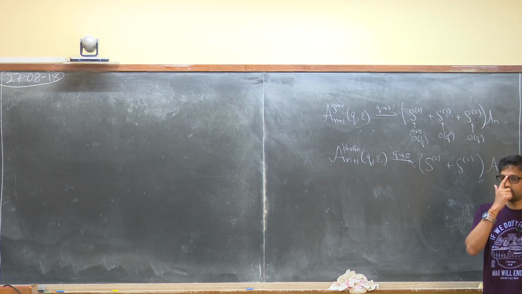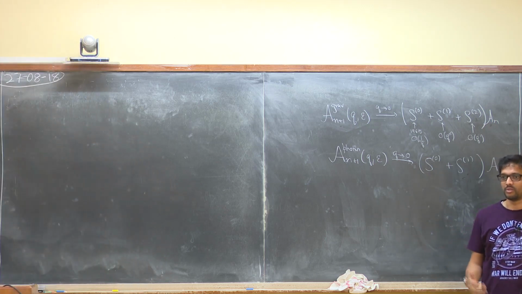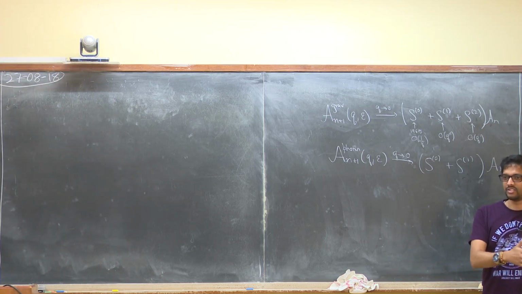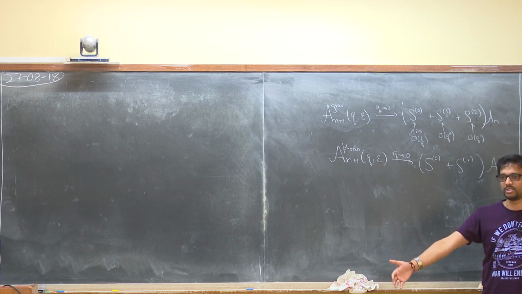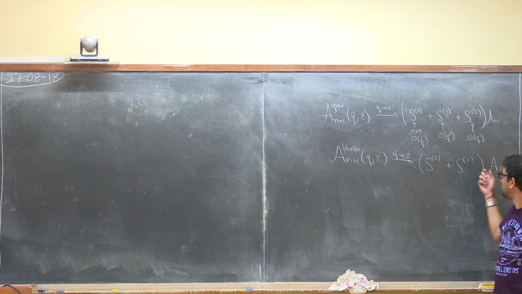And the same argument can then be used to show why dimension 6 operators do not contribute. Even despite the fact that I'm considering divergent gauge transformations, the falloff of dimension 6 operators is still very high, so they don't contribute to the S1.